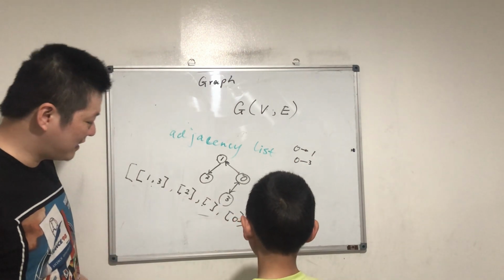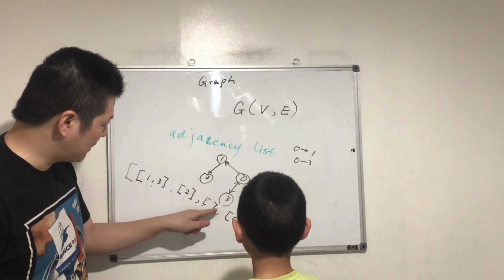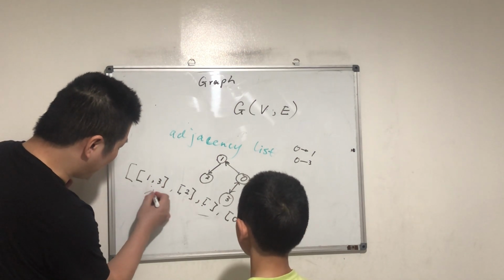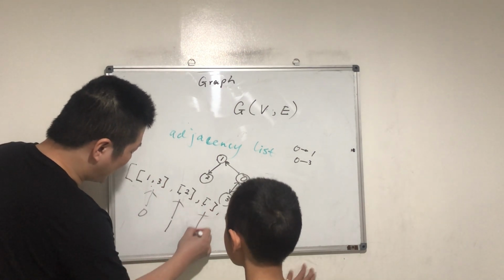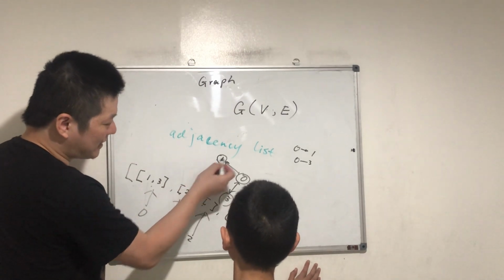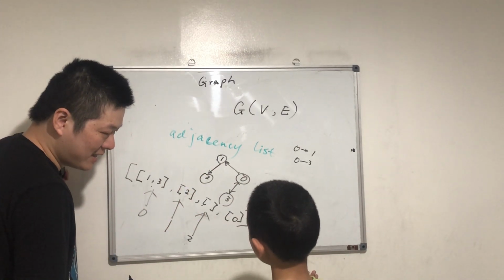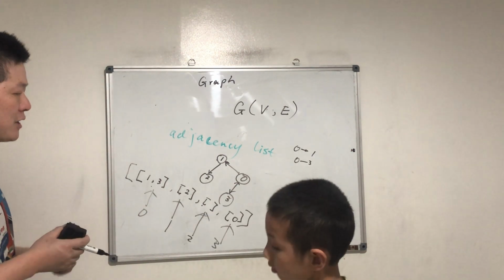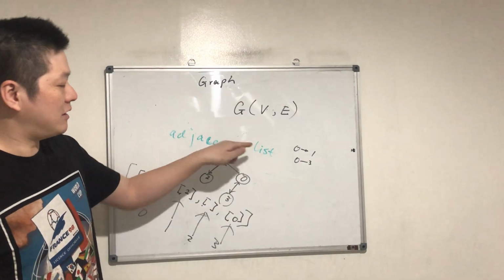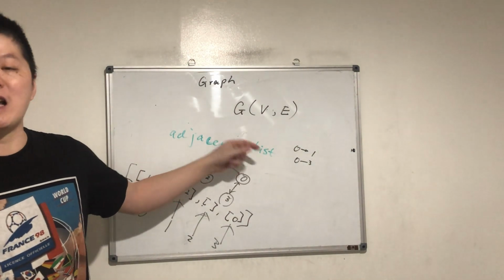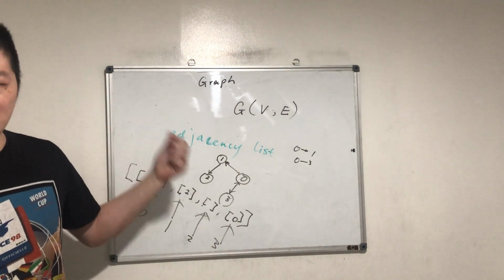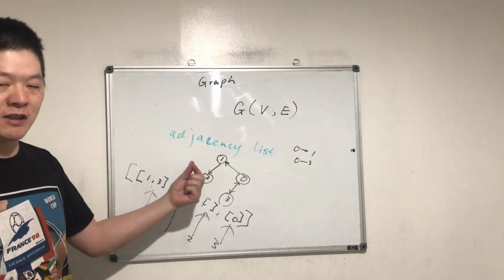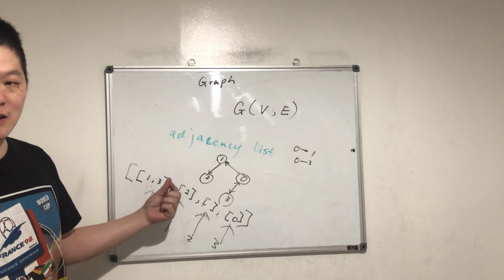And the third one goes to 0. That's 0, that's 1, that's 2, and 2 doesn't go anywhere, so it's empty. And then that's 3. Does it make sense? So an adjacency list is a list of lists, a list of the edges for each vertex, right?